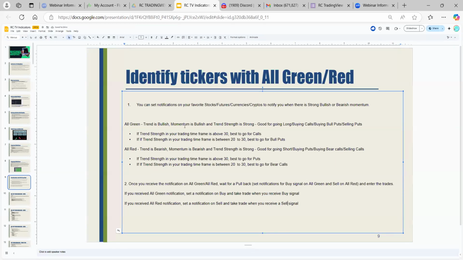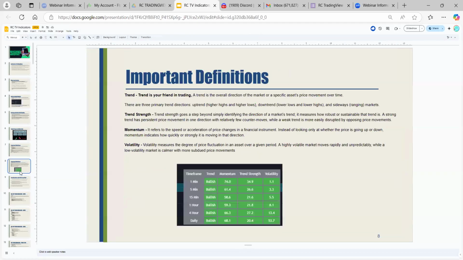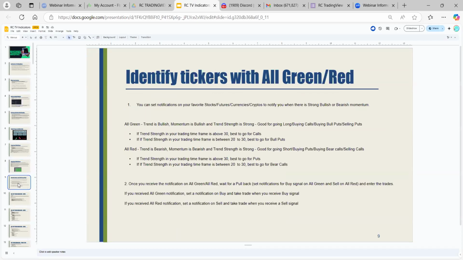I hope it is clear for everyone what the most important things we need to see in trading are. One is trend, one is momentum, trend strength, and volatility. You don't need to keep watching the table for each and every ticker because there are thousands of stocks and 20, 30 futures tickers. Before market open, you can create a notification telling that if crude oil becomes completely red or NQ becomes completely green, send me a notification.